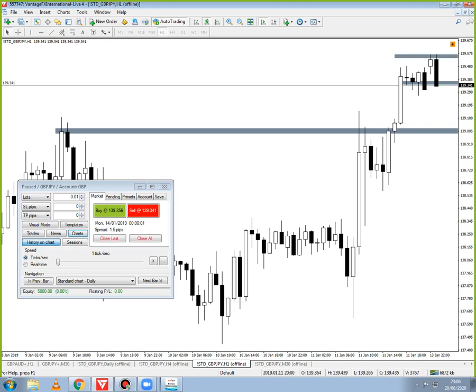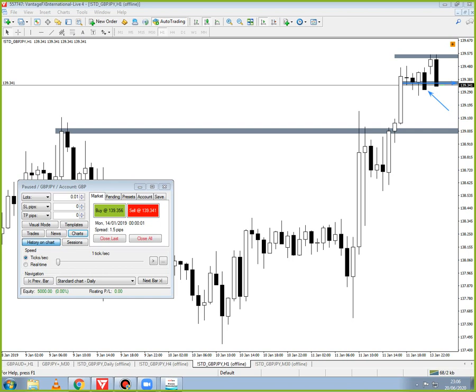Looking at it from the 1 hour, if I do some annotation, the 1 hour held support at this level here, and just before the weekend, this candle closed below this support.